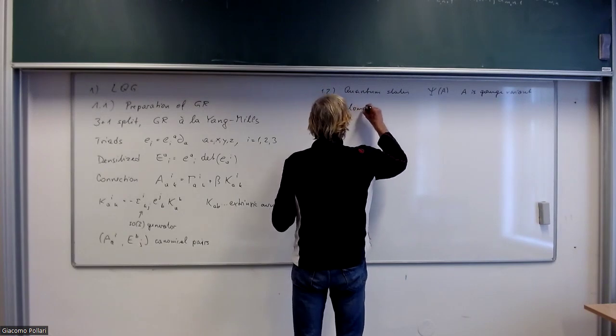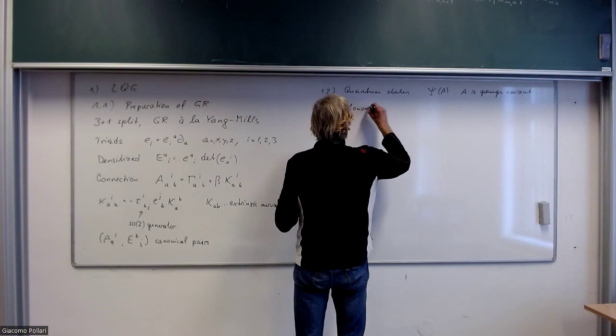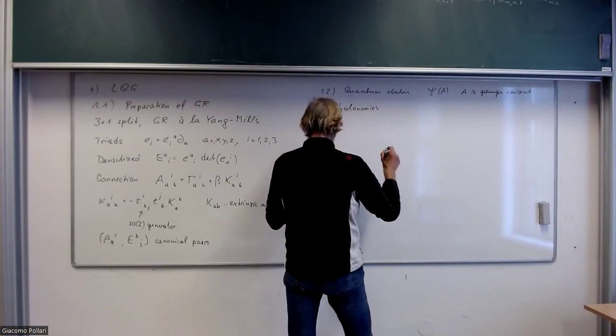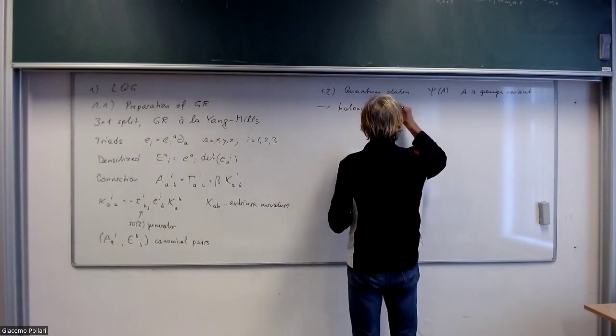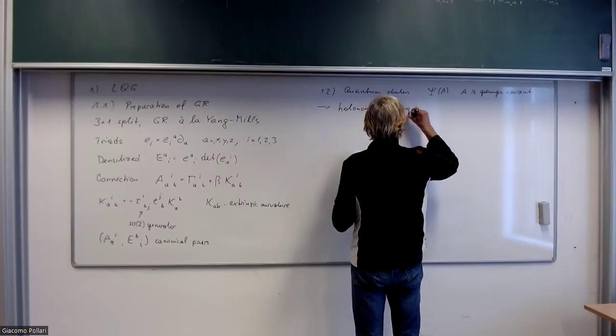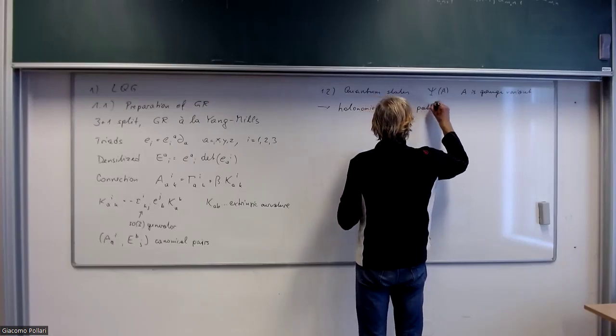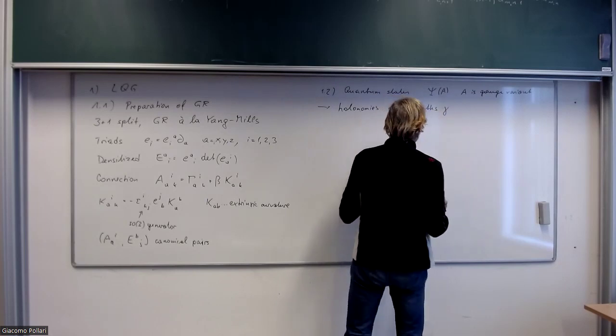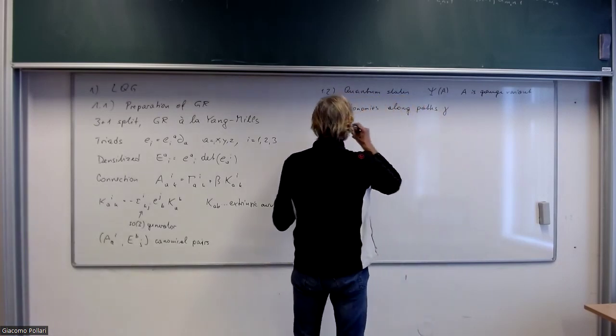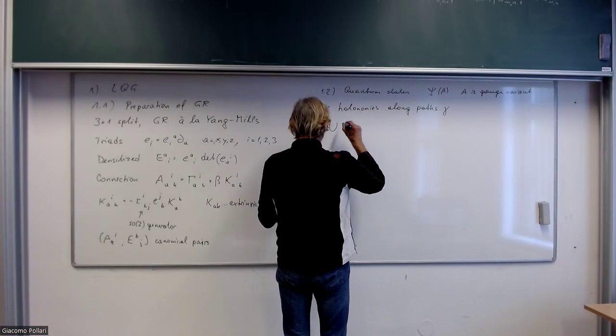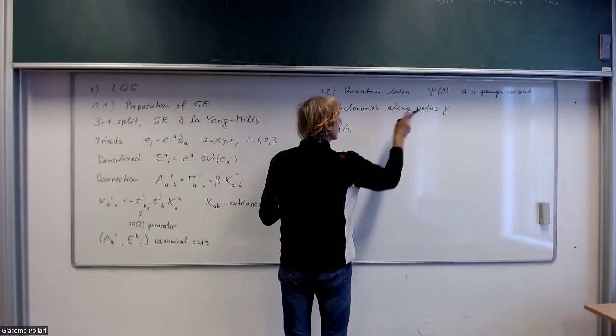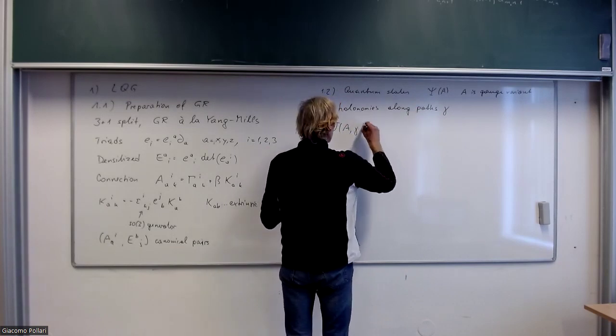Take holonomies along paths, say gamma. Such a holonomy is denoted by U, dependent on the connection and the concrete path.